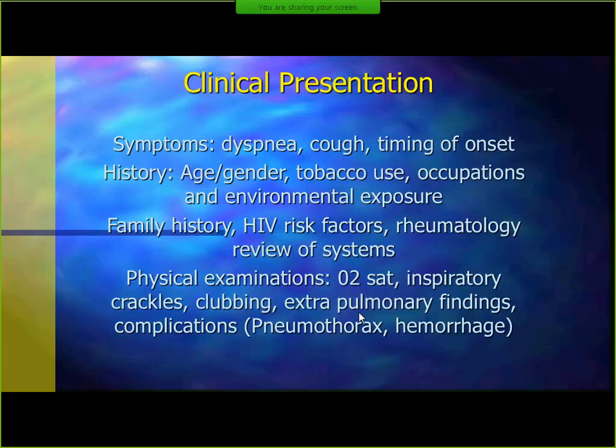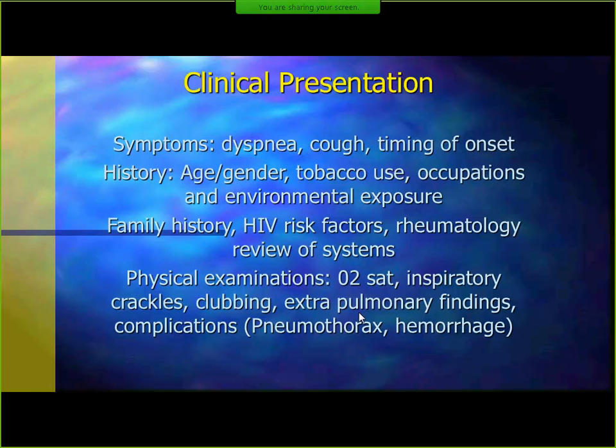Or it could be related to something that's reversible, or that could be treated, HIV. So it's very important to focus on the clinical presentation to see if you can get a clue as to if this interstitial lung disease is related to a disease or another process.